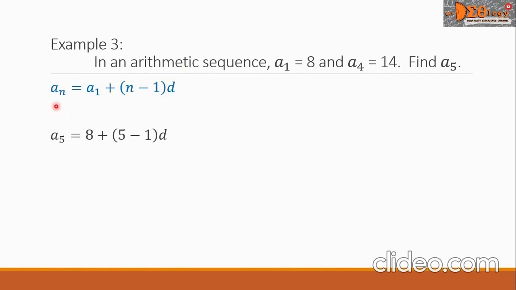Using our general term formula with regard to our a sub 5, a sub 5 equals 8, and that is the first term, plus the quantity, the n is also 5, and then minus 1, times d. There is no common difference given in the problem.